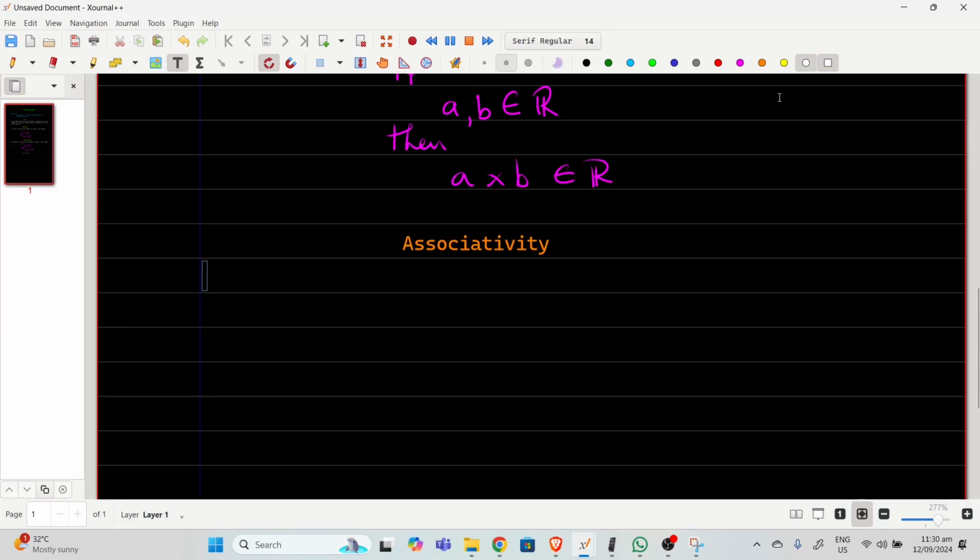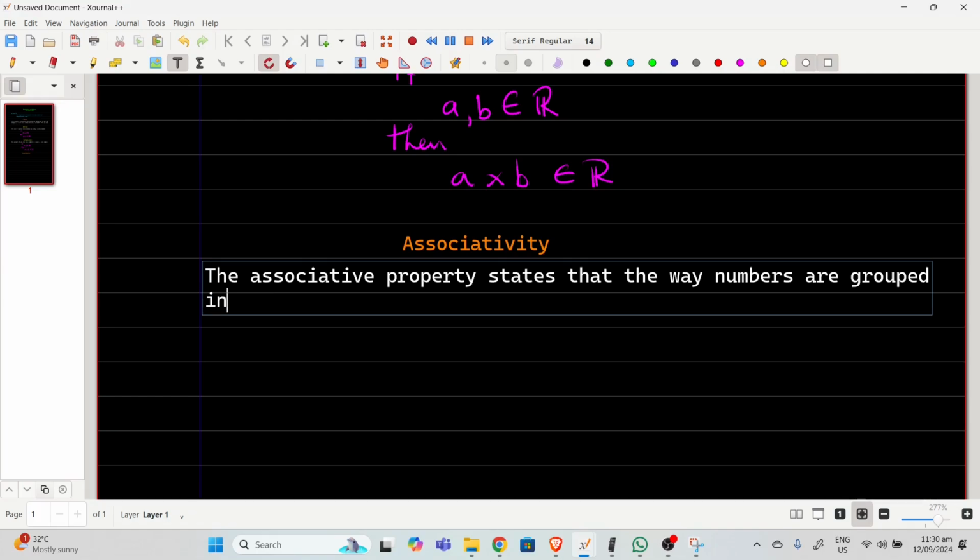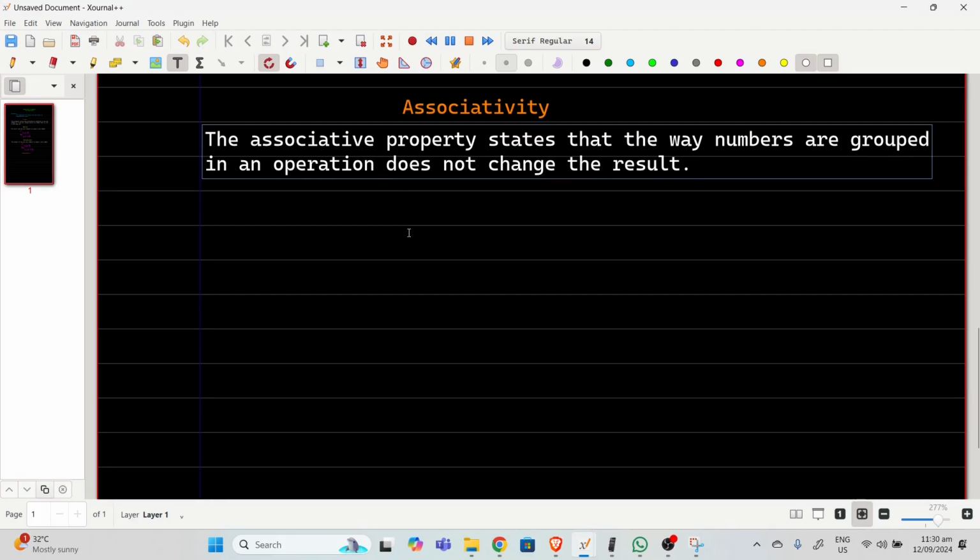So the associative property states that the way numbers are grouped in an operation does not change the result. So what does that mean for addition? For addition, let me write it down.